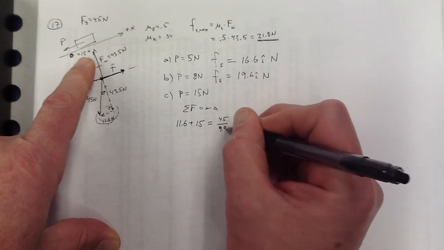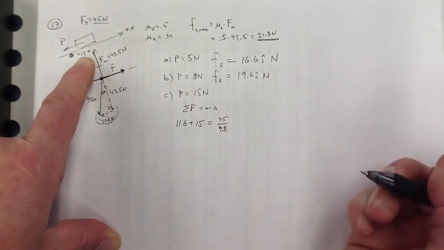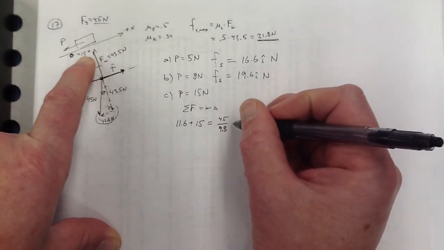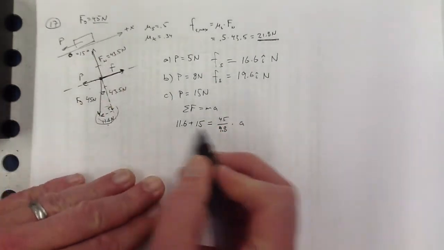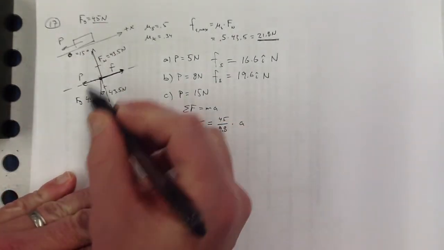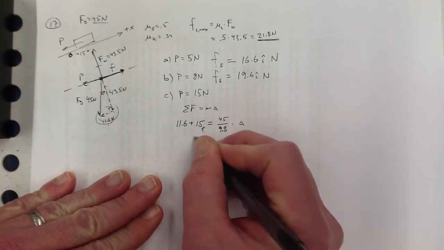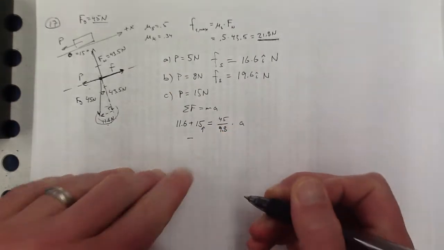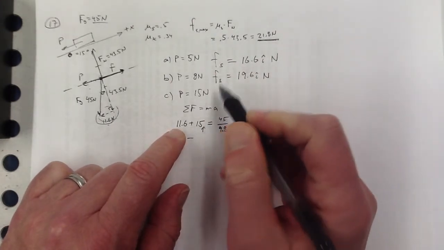They never did tell us the mass of the block, but I know that's the version that's already multiplied by 9.8, so I can find the mass by doing that. Oh, and I did mess this up. The sum of all forces, those are the down the ramp ones. I left out friction. This should be here minus how much friction there is. And I know now 11.6 and 15, that's 26.6.